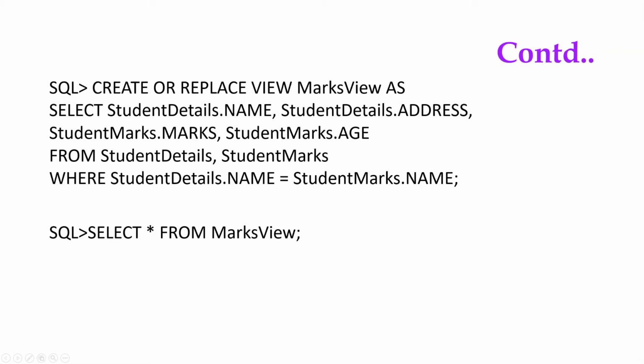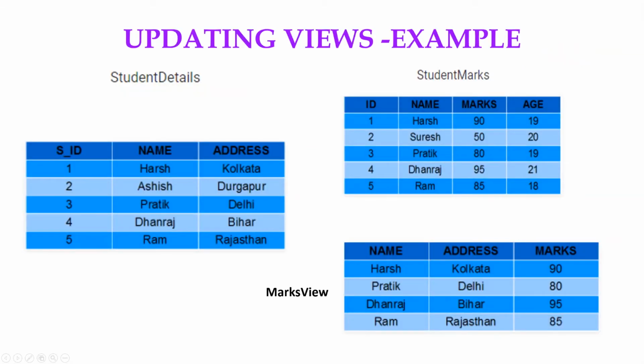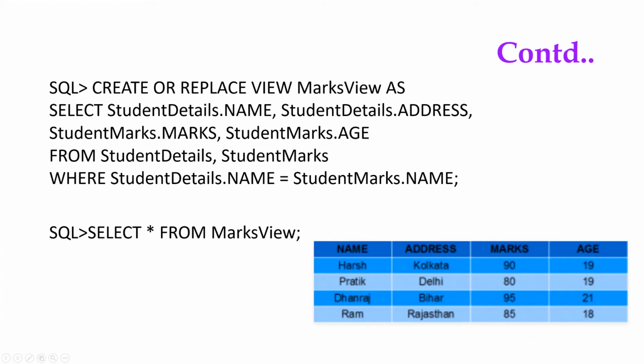Create or replace view marks view as select student details dot name, student details dot address, student marks dot marks, student marks dot age. What I am doing here is, from the student details table I am choosing name and address, and from student marks I am choosing marks and age. So 2 attributes from each table.